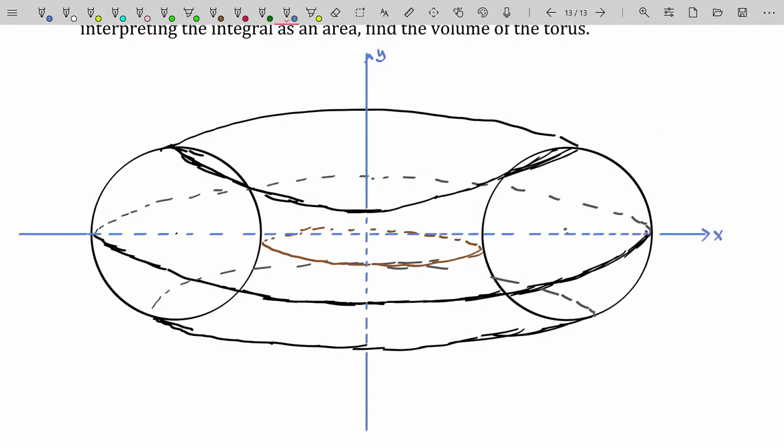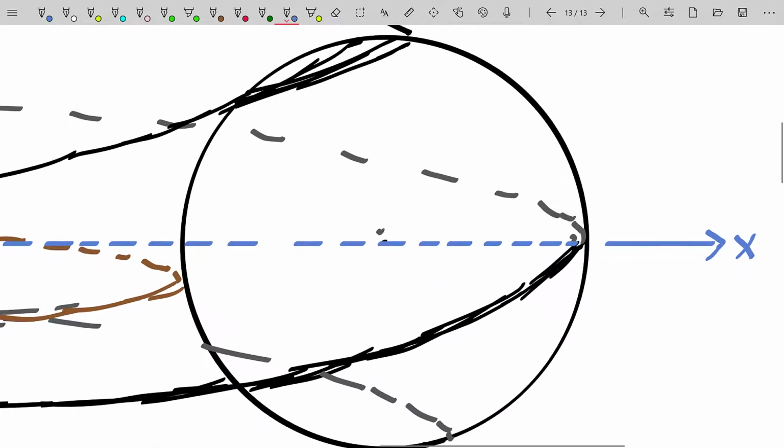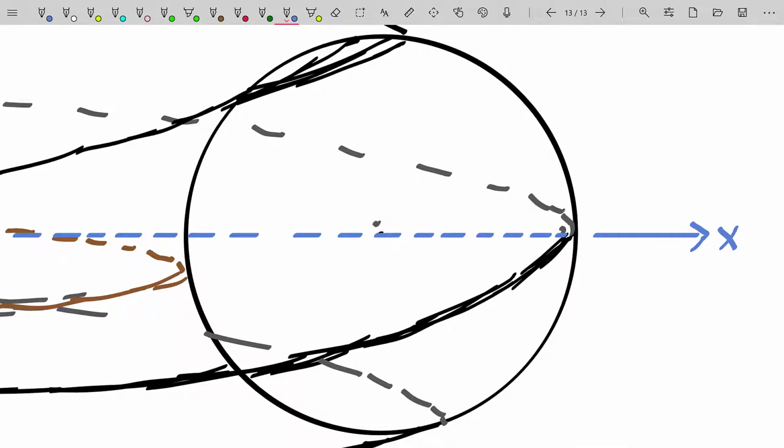Now, what do I mean by set up an integral for the volume of a solid torus with radii little r and big R? How can that donut have two radii? Well, what I mean is there are two circles happening here. There are these minor circles, kind of the volume of the donut itself, and that will have a radius of little r, just like that.